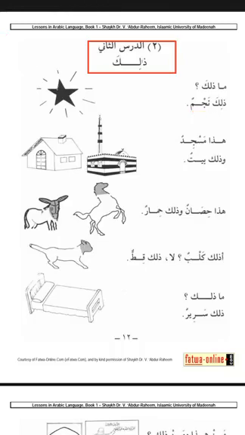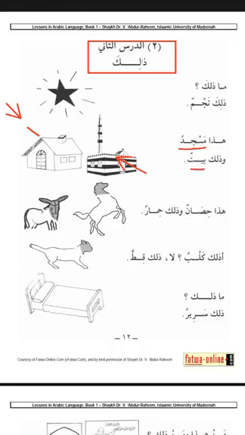Okay, the second one, هذا مسجد. If you look at the arrow, it indicates that هذا is pointing to the object that is near. This is a mosque. وذلك, and that, وذلك بيت, and that is a house.